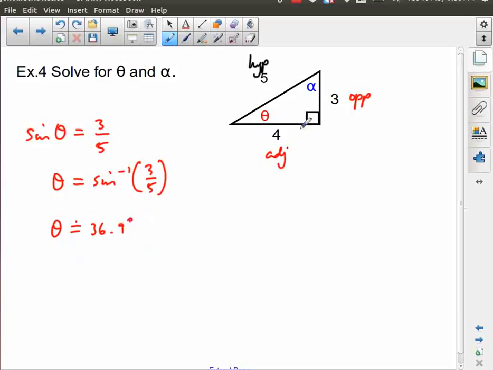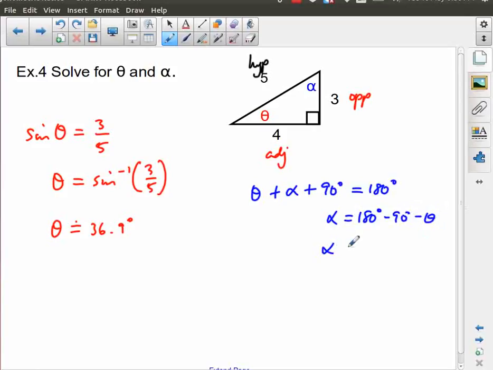Now, if I want to find alpha, technically, I could just use the fact that theta plus alpha plus 90 degrees must be equal to 180 degrees, the sum of the interior angles, which means that alpha is equal to 180 degrees minus 90 degrees minus theta.